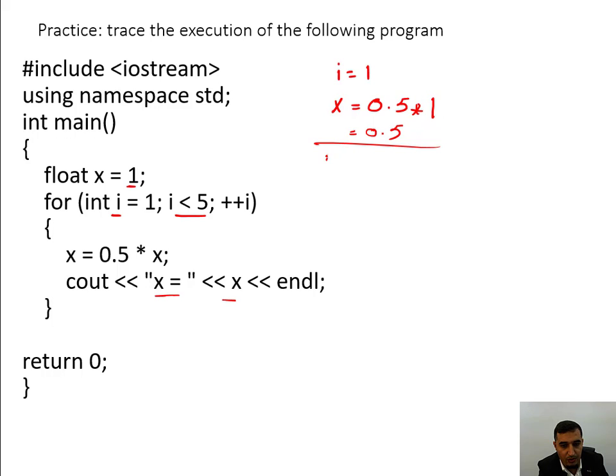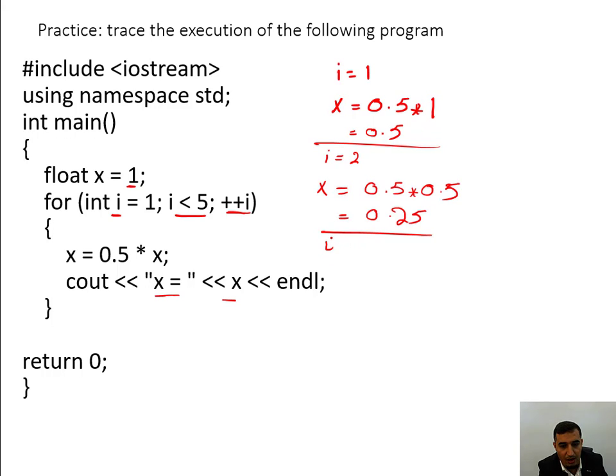Then we are going to say I is equal to 2 because we are going to increment. Is I less than 5? Yes. So we are going to say x is equal to 0.5 multiplied by 0.5, which is equal to 0.25. And then we're going to display the 0.25.